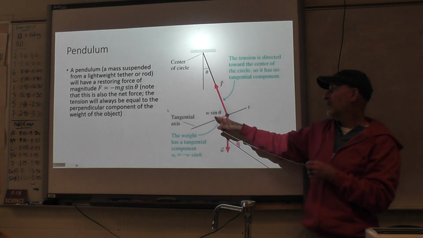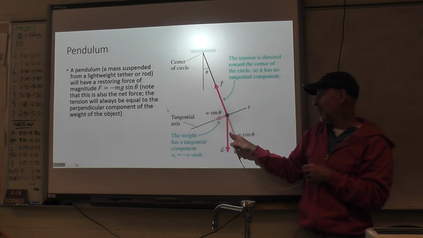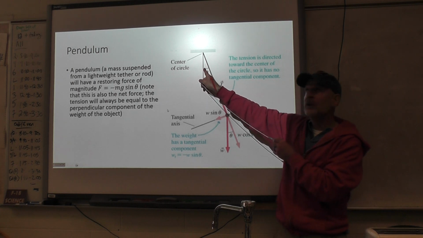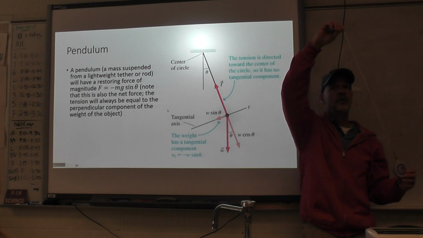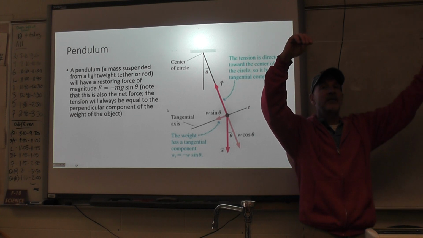Okay? And so that is going to be related to the sine of this vertical angle, and that means that the further you go, the greater it gets, but it's a sine function.